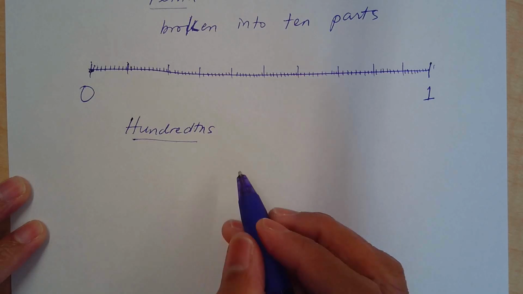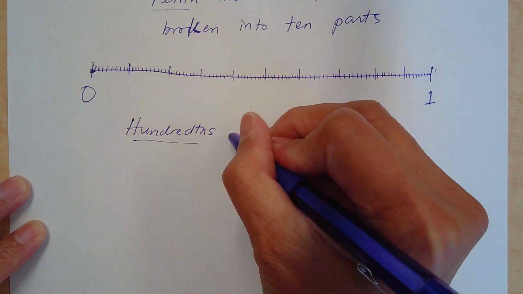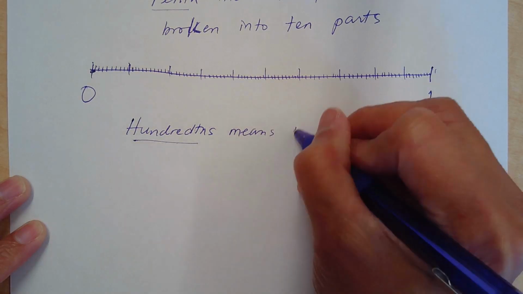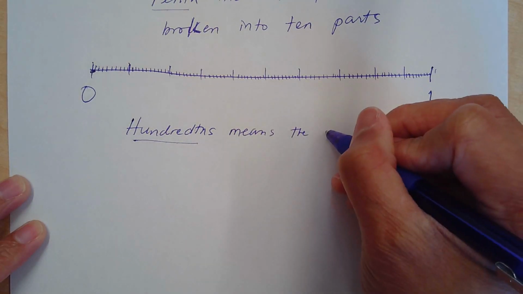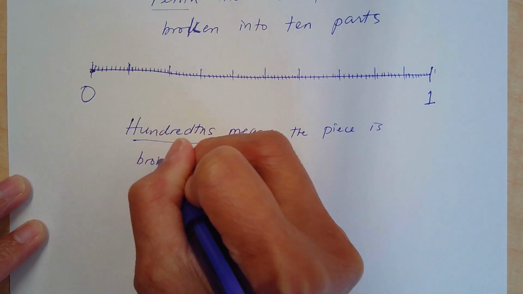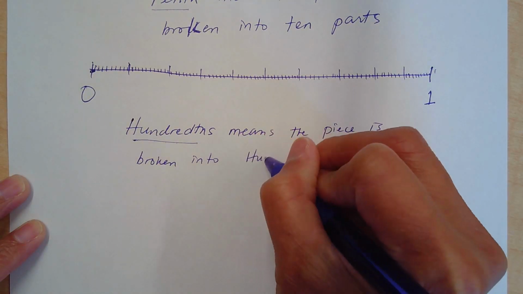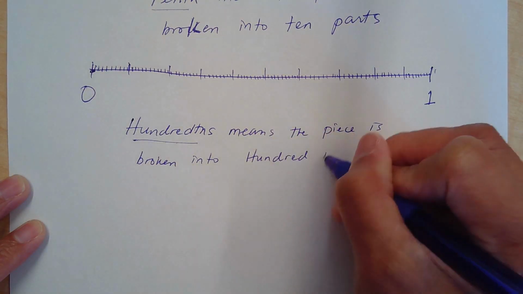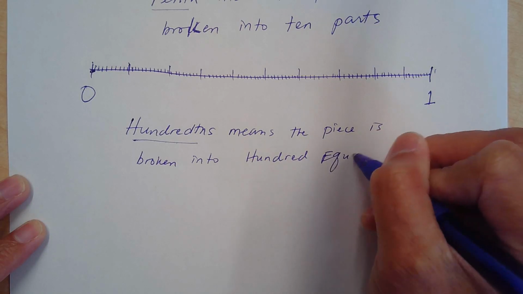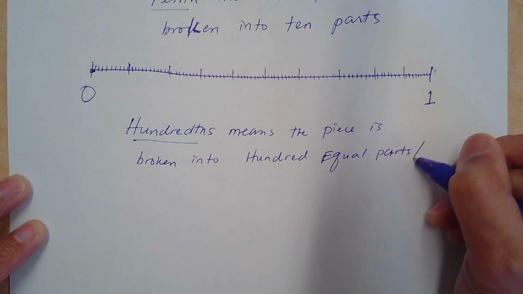Okay, I'll actually finish that off. So hundredth means the piece is broken into 100 equal parts or pieces.